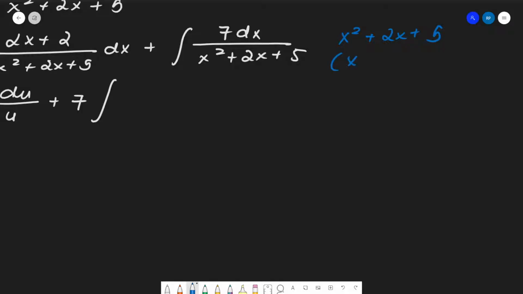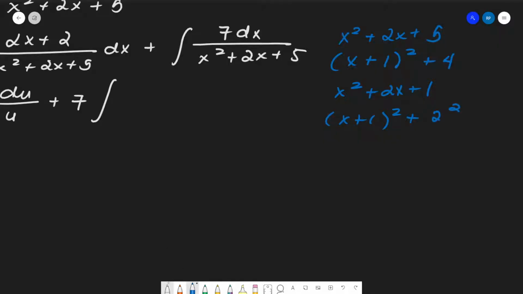We take 2 divided by 2, that is 1, and 1 squared is 1. So if we factor this, we have x squared plus 2x plus 1. Where do we get the 1? Of course, from the 5. So we subtract it, and we will have plus 4, which is essentially x plus 1 quantity squared plus 2 squared.